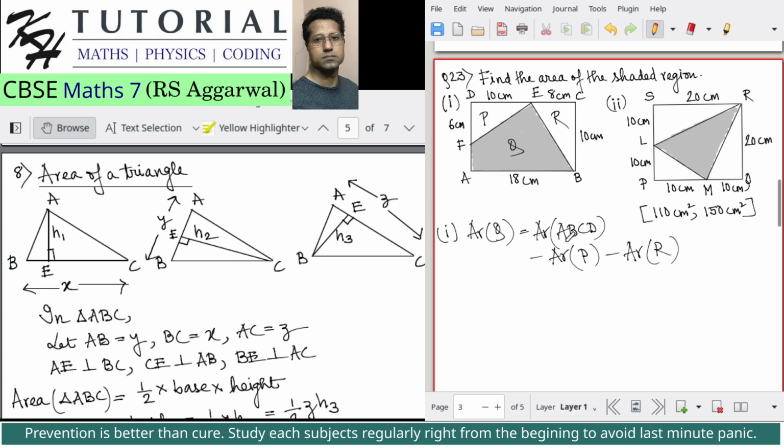Now we have to find the area of the rectangle ABCD and the areas of P and R.